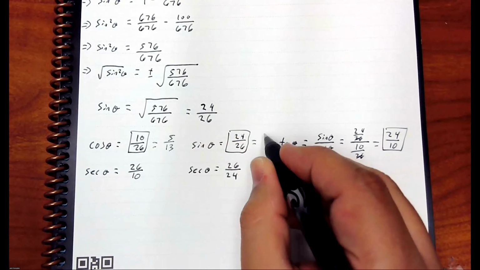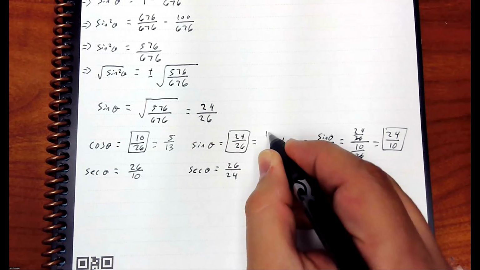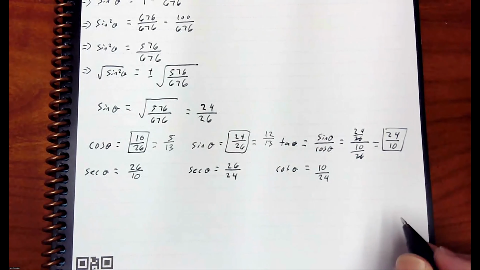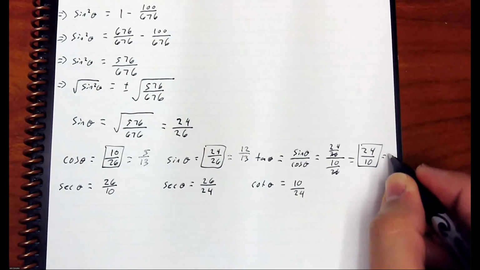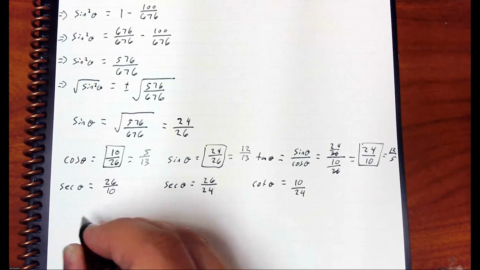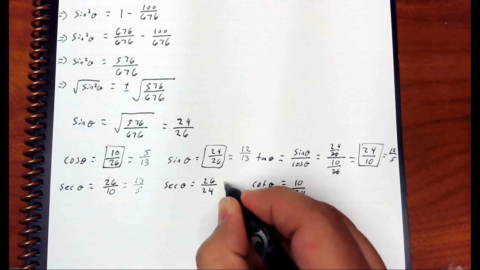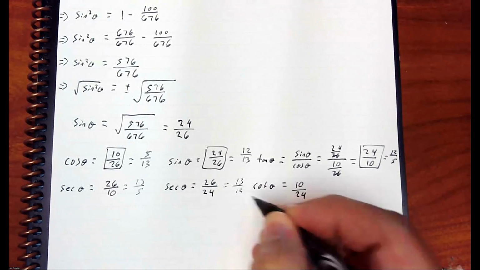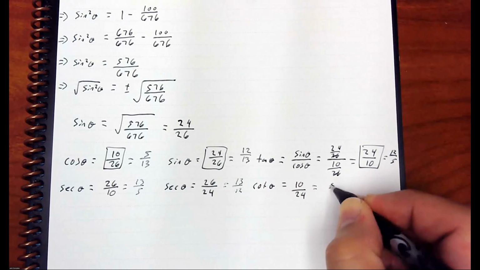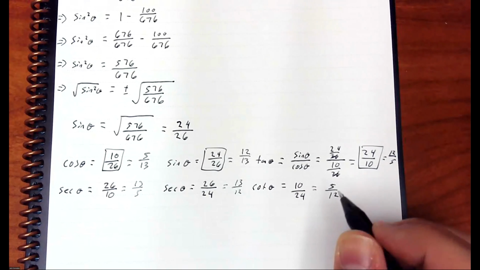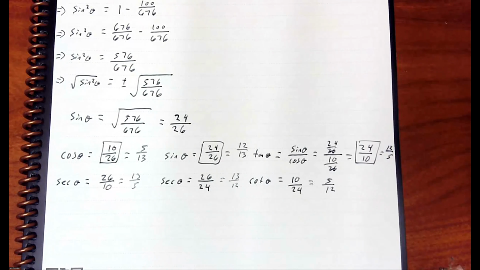This guy is 12/13. 12/5. 13/5. 13/12. 5/12. Maybe I should have reduced ahead of time, but it's okay. It still worked out.